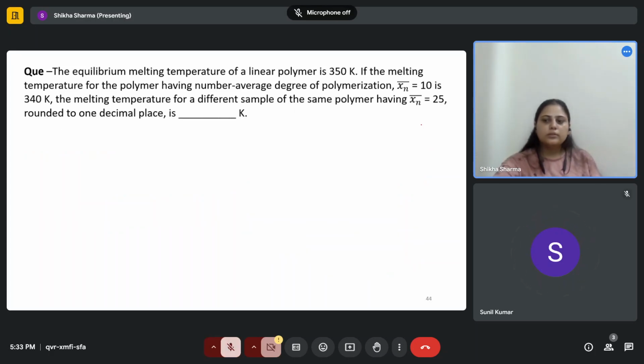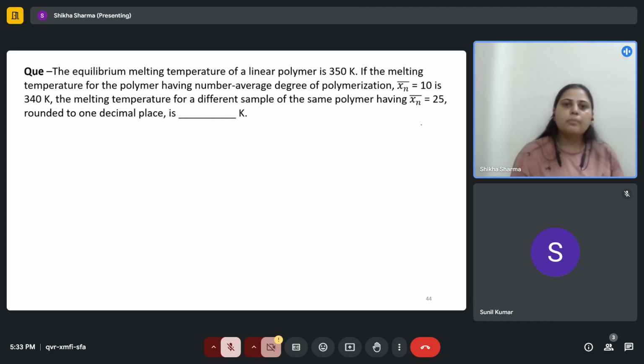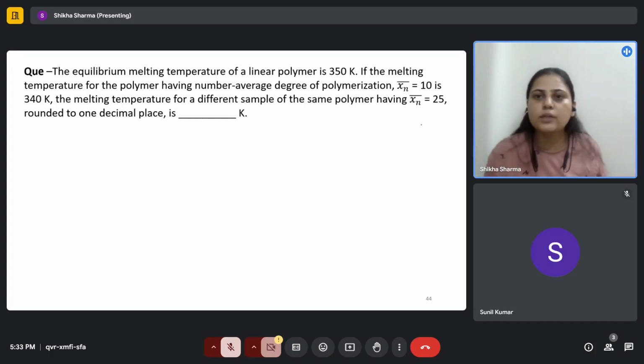Next is the equilibrium melting temperature of a linear polymer, which is 350 Kelvin.